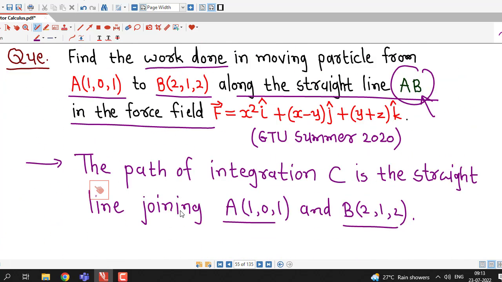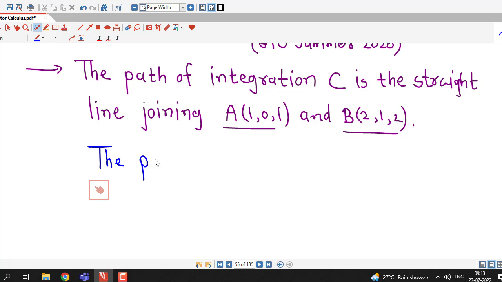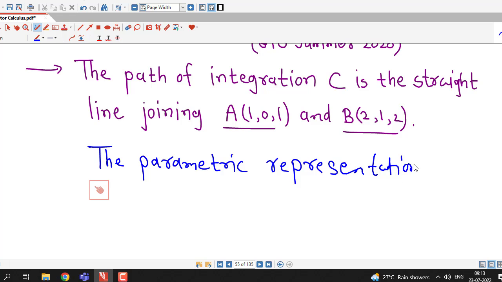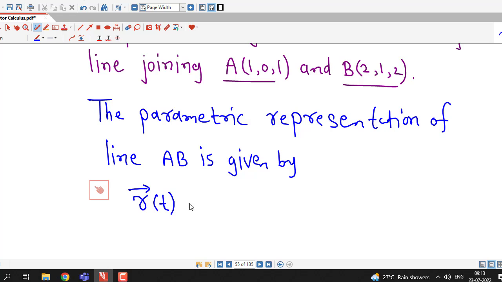So first we write down the parametric representation for line AB. The parametric representation of this straight line AB is given by R bar t equal to, we write any of these 2 points.